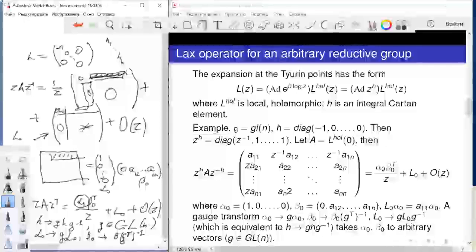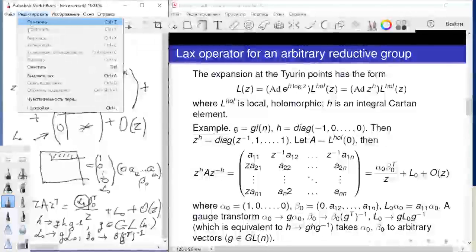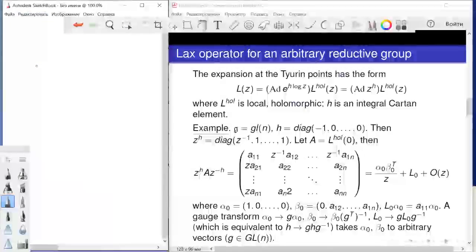For a semi-simple algebra the trace should be equal to 0. Moreover, for symplectic, it should be H1 and so on, Hn, minus H1, minus Hn on the diagonal.